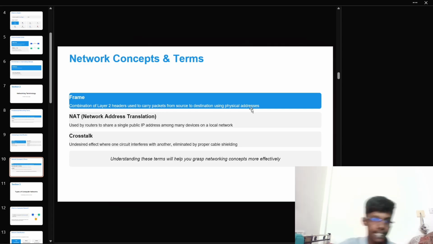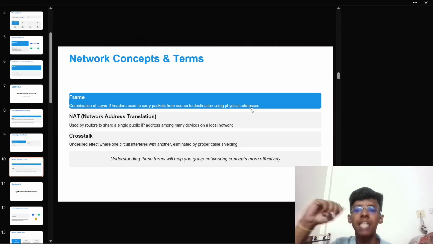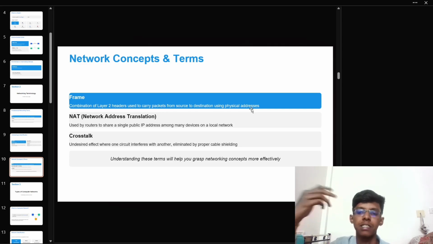Second, NAT, Network Address Translation, used by routers to share a single public IP address among many devices on a local network. You have one public IP address from your internet service provider, but you have multiple devices at home: laptop, phone, tablet, TV. How do they all use the internet with just one IP address?